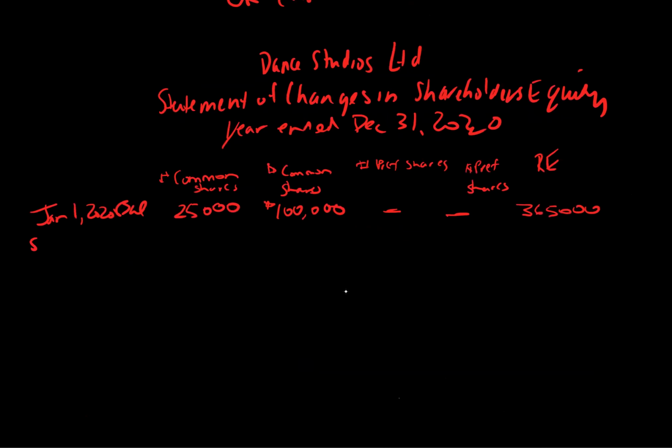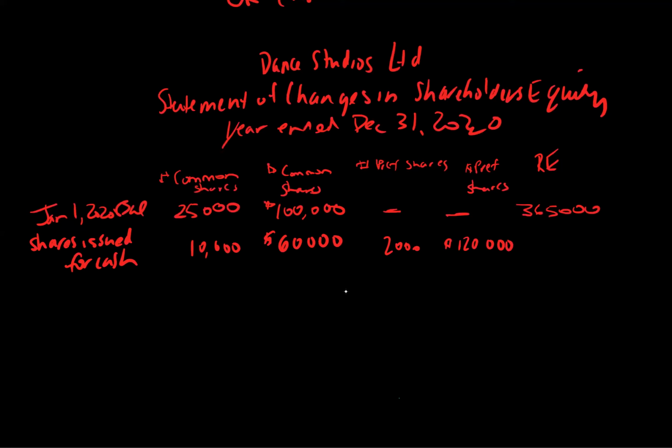We can have shares issued for cash because we're going to distinguish it from where we issued it for land. And we issued 10,000 common shares for 60,000. And we issued 2,000 preferred shares for 120,000.